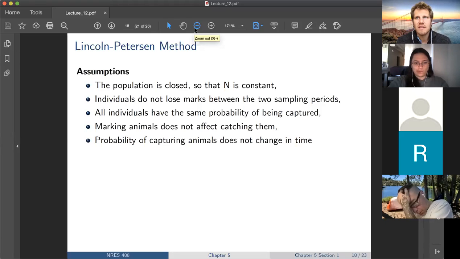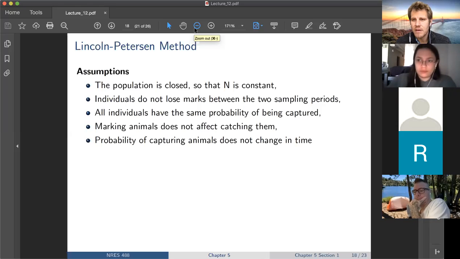With lots of waterfowl, they use aluminum bands and sometimes plastic neck bands. If those fall off, you're going to get biased estimates of abundance. So what they've done is put 2 marks on the individual, and then it's kind of a mini mark-recapture study within a study.